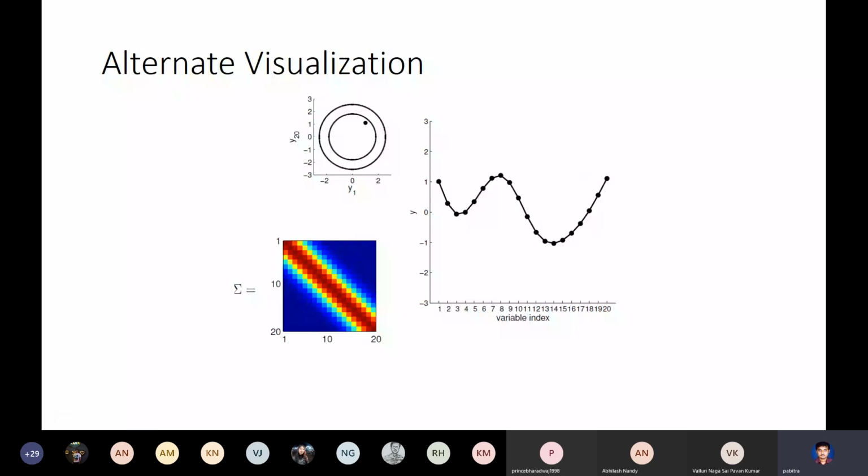Why? Because this particular function is one sample drawn from this distribution. If you draw another sample, this is another curve. Another sample, another curve. So suppose we keep on sampling from this infinite dimensional distribution, you get a collection of curves.